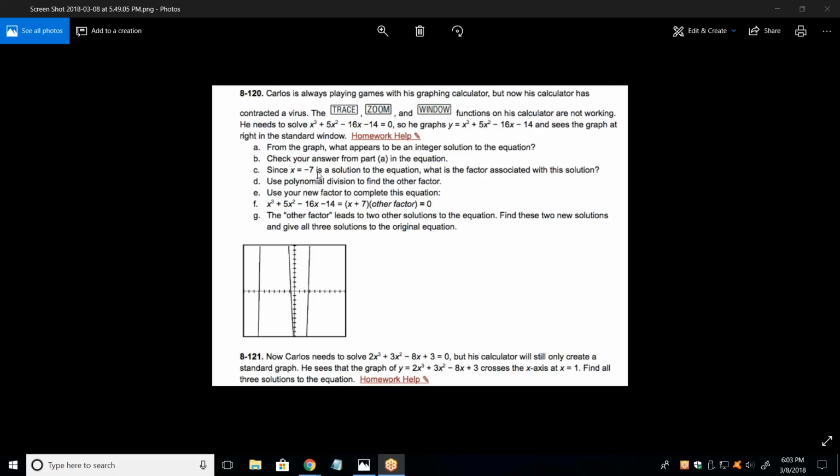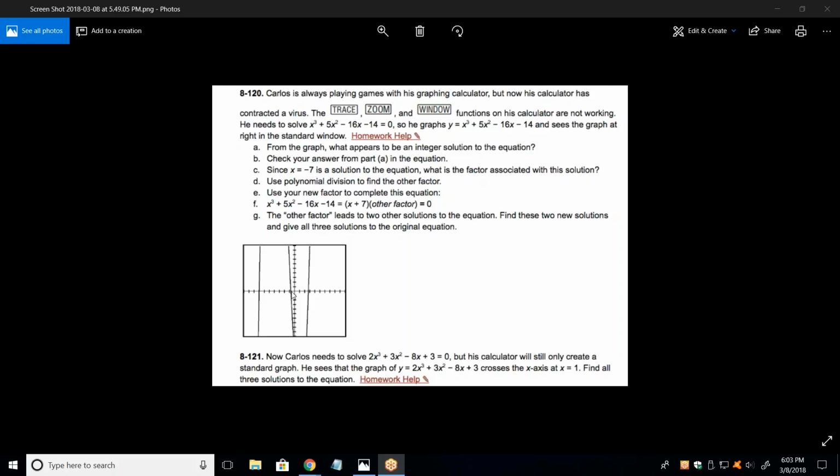Since x equals -7 is a solution to the equation, what is the factor associated with this solution? Well, we'll get to that in a second. But they're telling us, you see that point where I'm pointing?